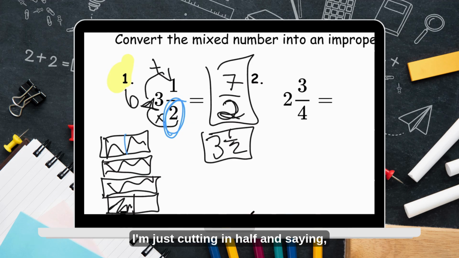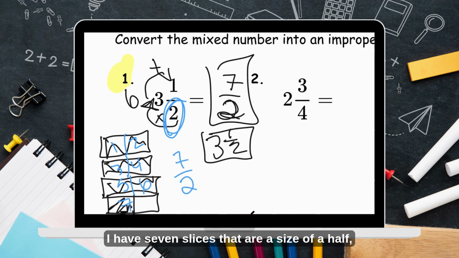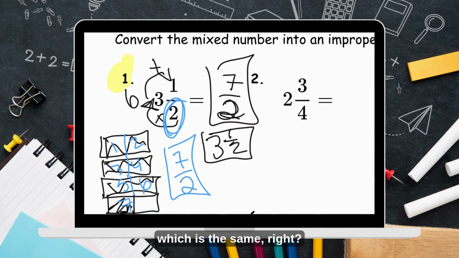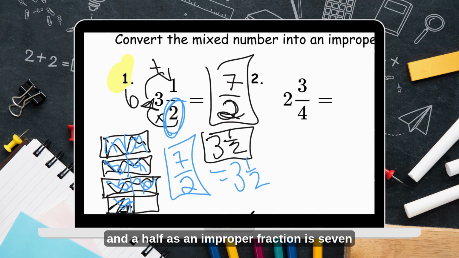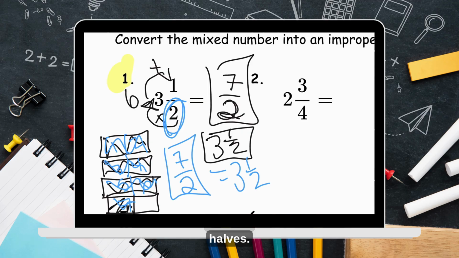My whole cakes, I'm cutting in half and asking how many slices do I have that are the size of a half. I have 1, 2, 3, 4, 5, 6, 7. I have 7/2, 7 slices that are the size of a half, which is the same amount shaded as 3 whole cakes and a half. So 3 and 1/2 as an improper fraction is 7/2.